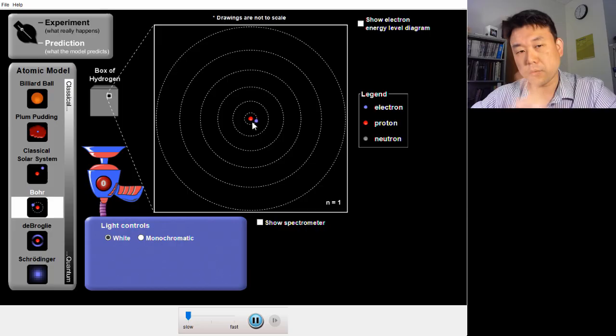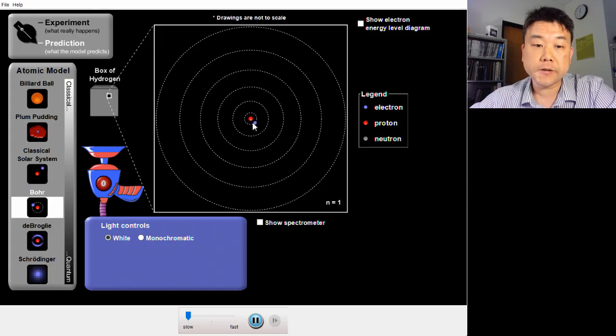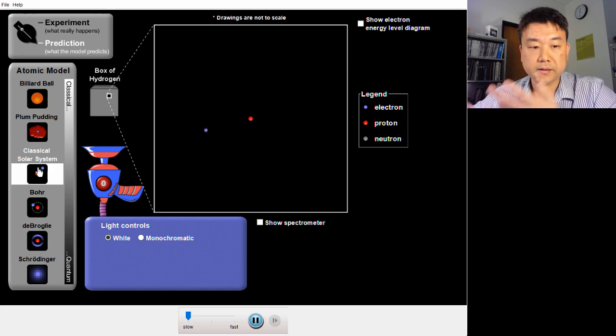Bohr added one more guess. Let's call it the principle of quantization to build this model. His guess was that these orbits had to come in discrete levels. So the electron couldn't gradually spiral in like it did in the classical model.